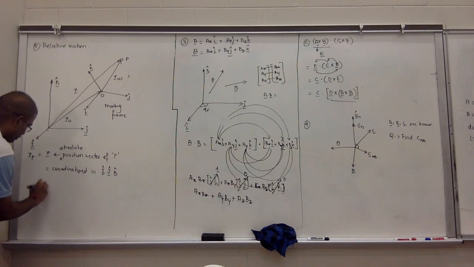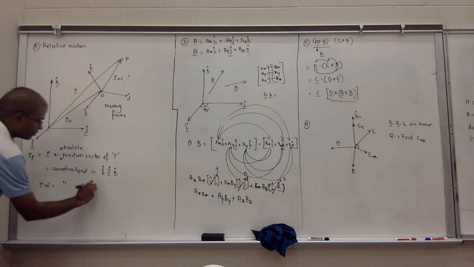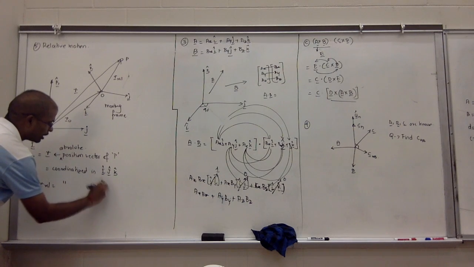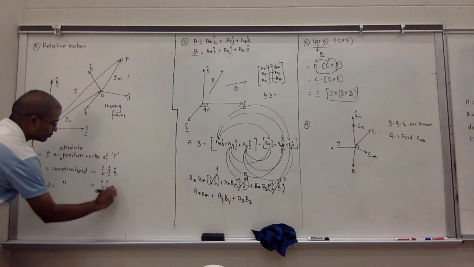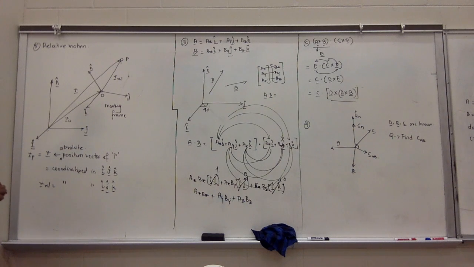Now R relative, you observe that it's coordinatized in the small ijk frame. Okay? RO is coordinatized in the cap ijk frame.